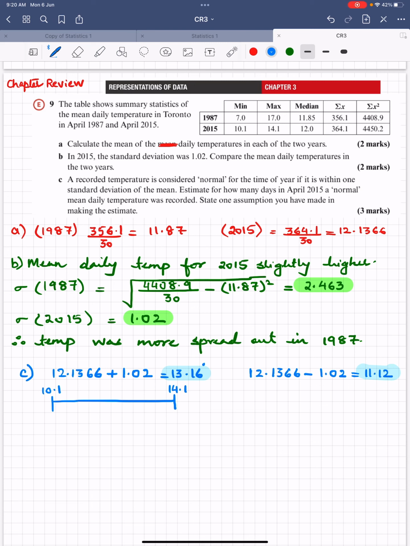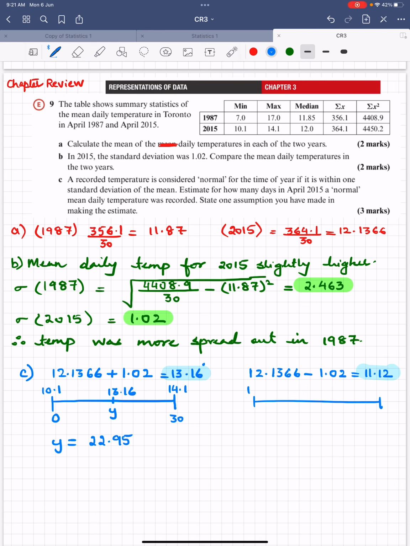We are looking for a temperature of 13.16, and the number of days are 0 to 30, and let us call this number of days as y. So when we calculate y, we get here 22.95.